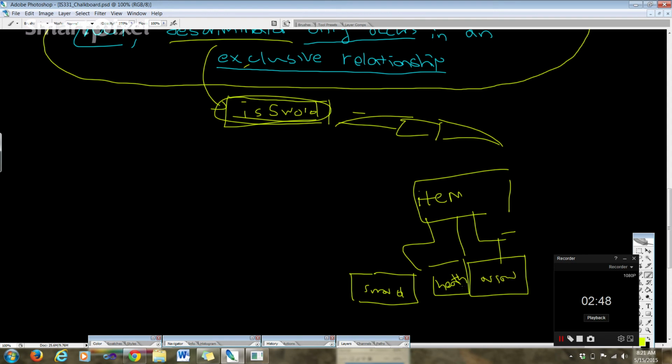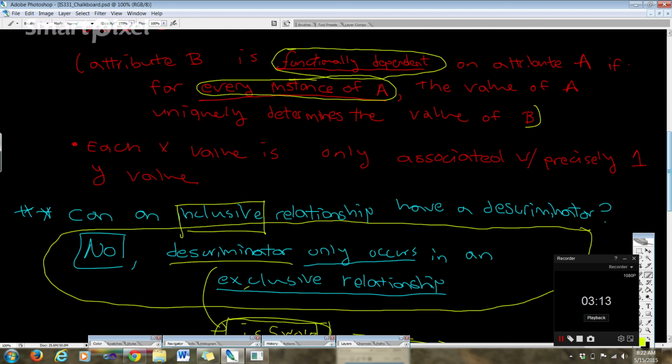If for some reason something could be a sword and an arrow, the discriminator does us no good because our parent could have two forms. It could take on both these forms, almost conjoined. So we could have a sword arrow, if we're saying that something can be both a sword and an arrow. So we don't have discriminators in inclusive relationships, and so we wouldn't have the X there.